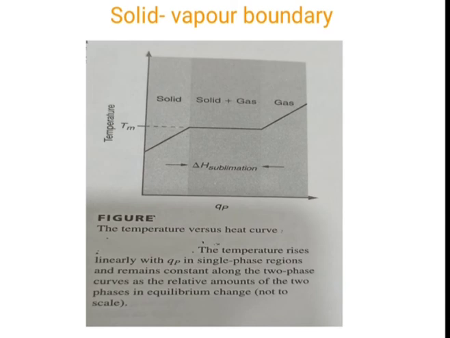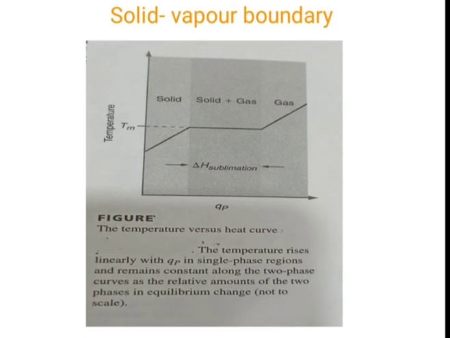This is called the enthalpy of sublimation, and the temperature is called the melting temperature. This figure represents the temperature versus heat curve. The temperature goes on increasing linearly in a single phase region and remains constant along the two phase curves as the relative amounts of the two phases in equilibrium change.